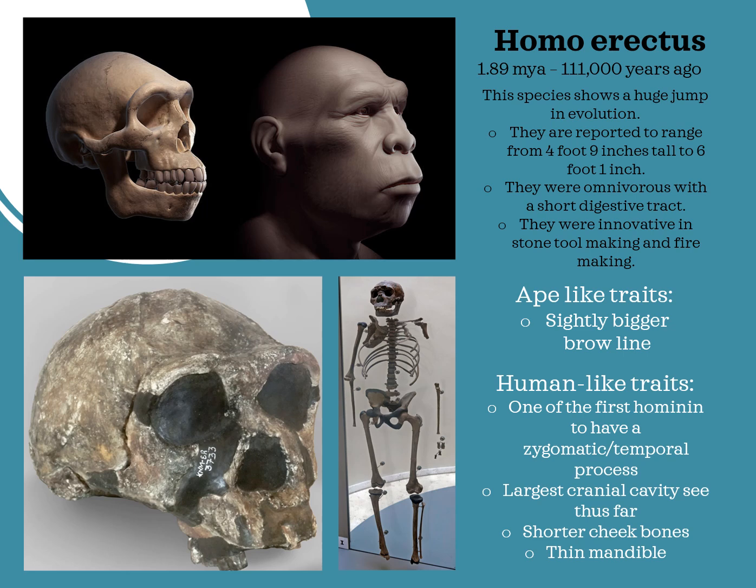This species is also known for innovation with stone tools and creating fire. They are believed to have been omnivorous, and it's believed that they had a short digestive tract, leading to the suggestion that they needed energy quickly. Their pelvis shows very strong indications of bipedal locomotion and the discontinued trait of tree climbing.